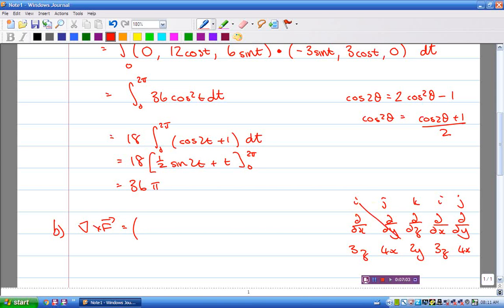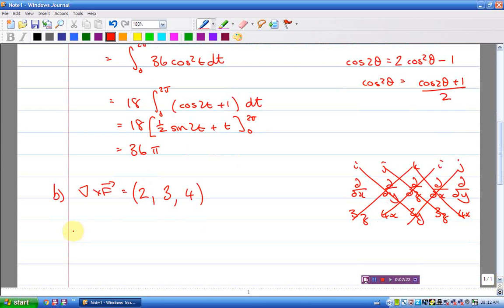So that would be 2 subtract 0, 3 subtract 0, and 4 subtract 0. 2, 3, 4. Gosh, how pretty.